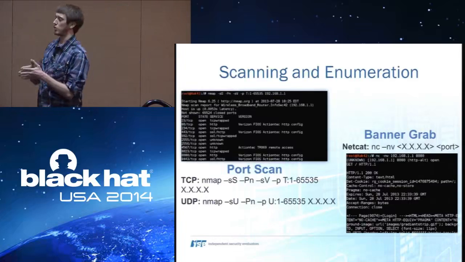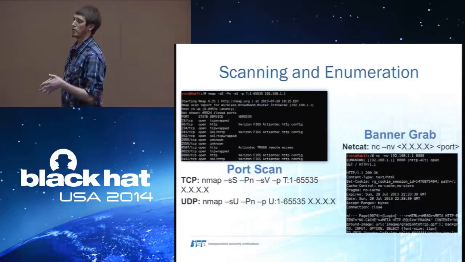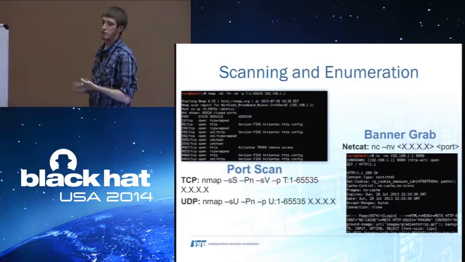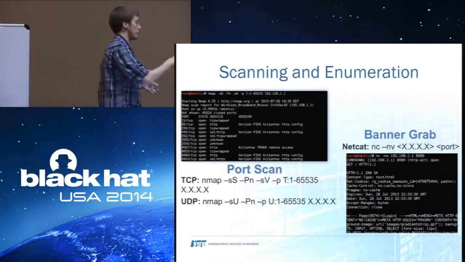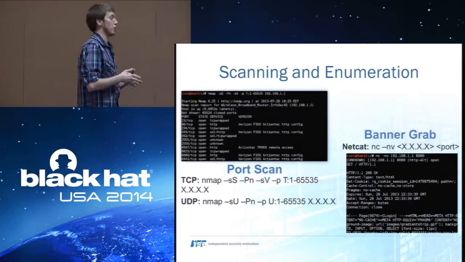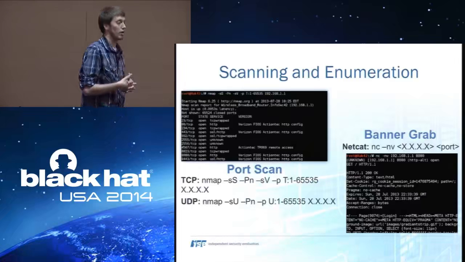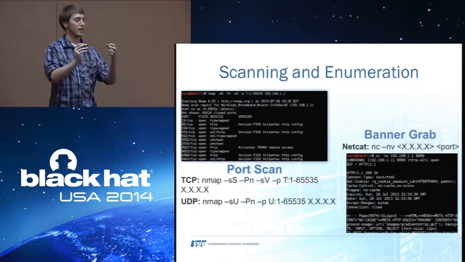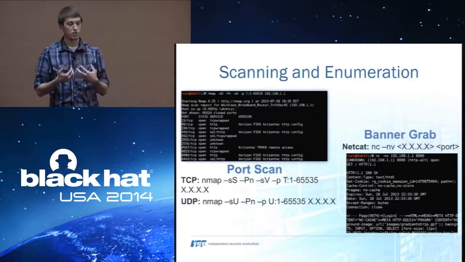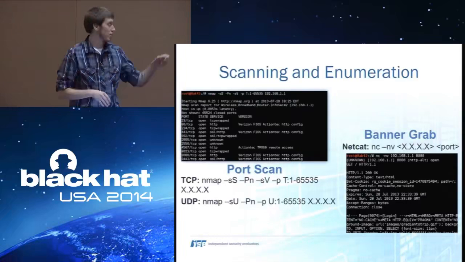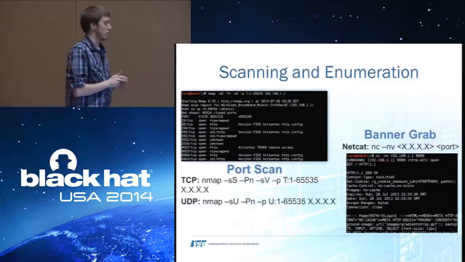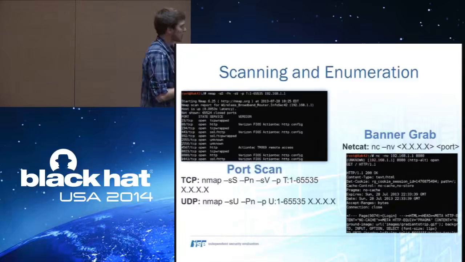Nmap basically will determine if a port is open through various methods for both TCP and UDP. If a port is open, and you told it to check what service is running on that port, it'll attempt to fingerprint the port. Assuming that the data sent back from the device you're scanning matches the internal fingerprint database of Nmap, it'll give you a best guess as to what service is running.